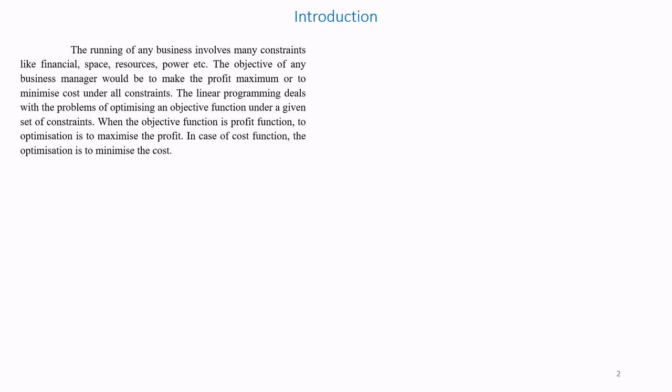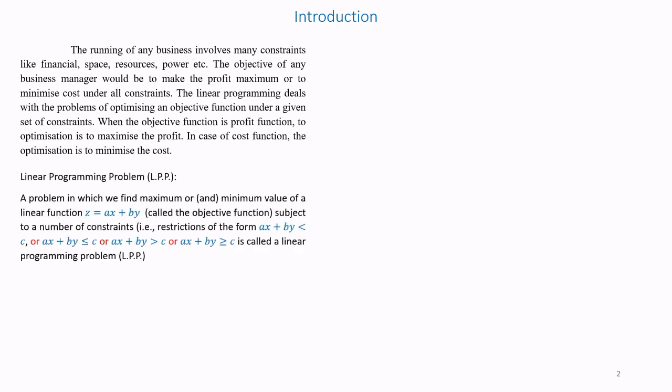Please note objective function. And under a given set of constraints. When the objective function is a profit function, the optimization is to maximize the profit. In the case of cost function, the optimization is to minimize the cost.